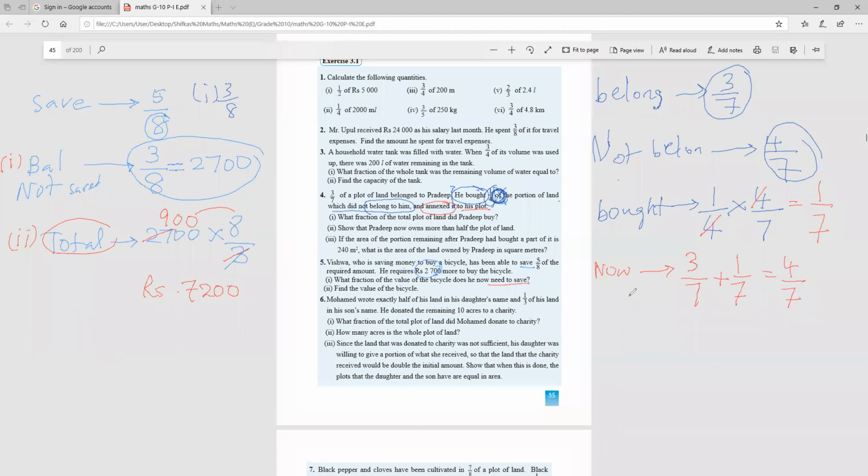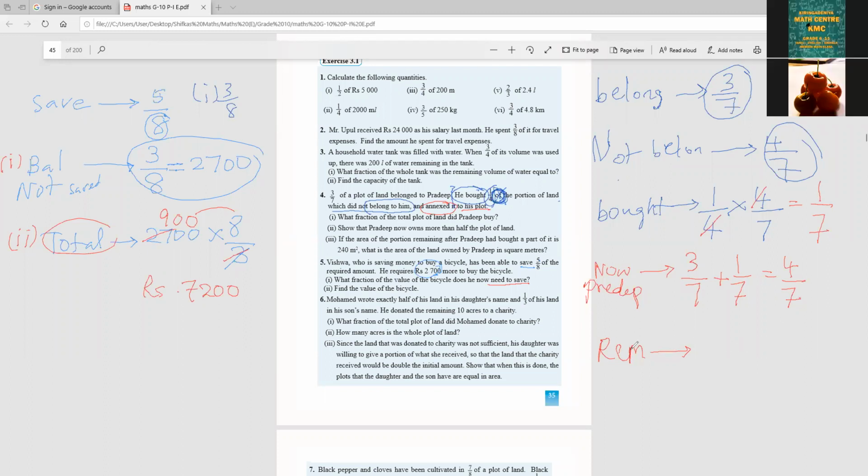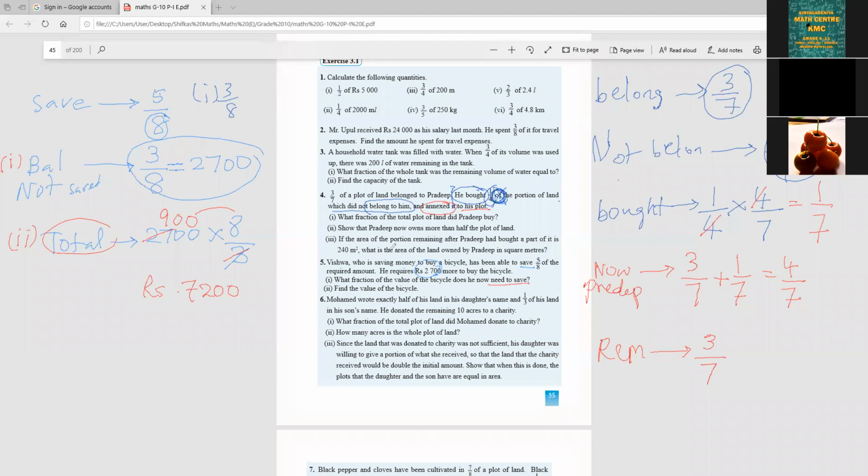Now listen. How much is remaining, which is not belonging to Pradeep? Now belonging to Pradeep is 4/7, so the remaining part of the land not belonging to Pradeep is 3/7. Now we read: what fraction of the total plot of land did Pradeep buy?